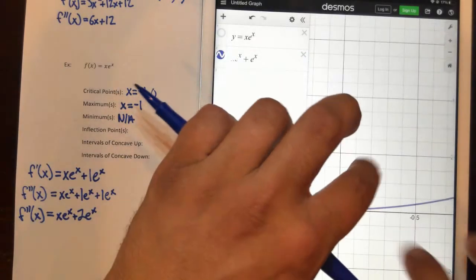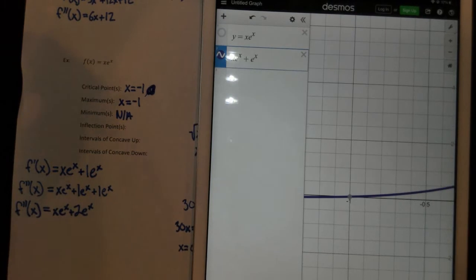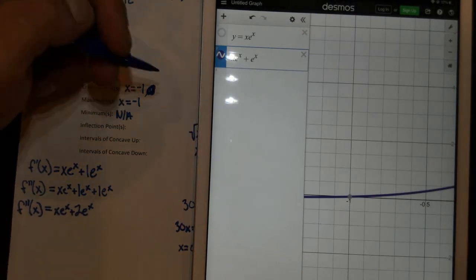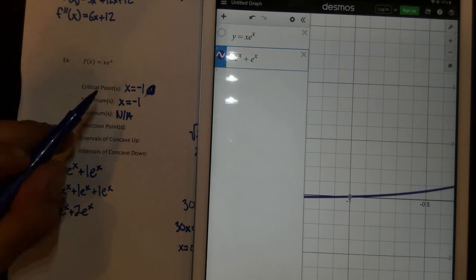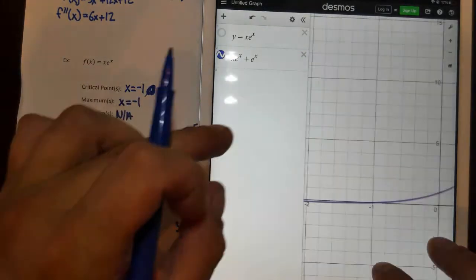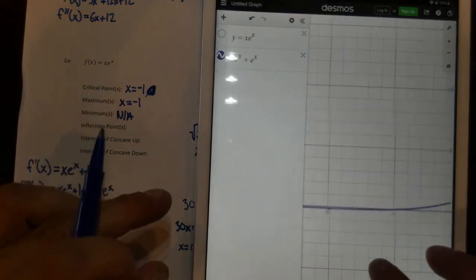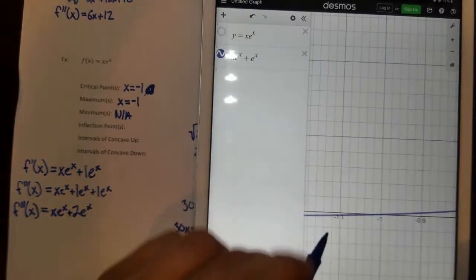Okay, so we didn't have the critical point at 0. My bad. We have a critical point at -1. And so that is actually a minimum or a maximum, isn't it? Oh no, it is because it's going down.